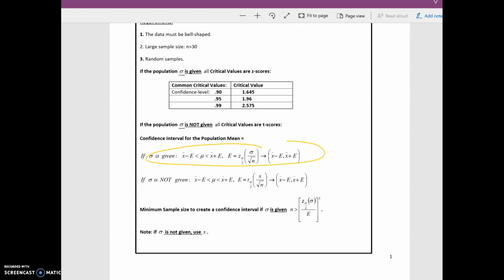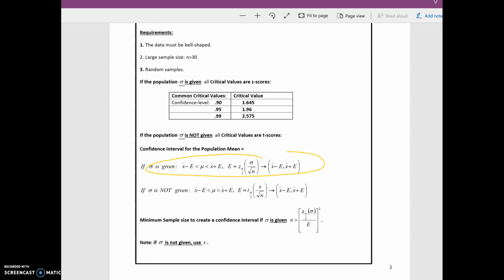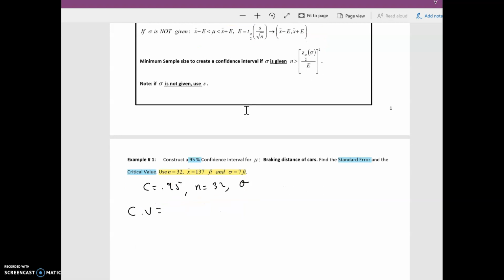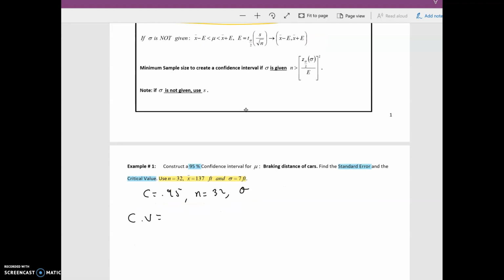Since sigma is given, we're looking at this scenario. At 95%, it's going to be 1.96. So those will be standard. So in this case, CV is equal to 1.96. Now, that's actually going to be one of our answers.